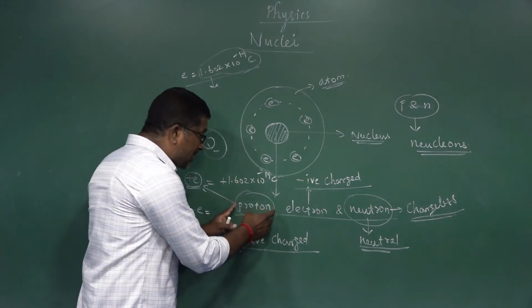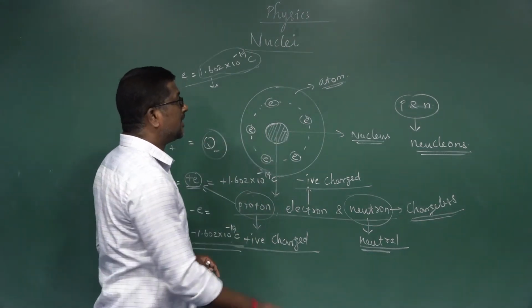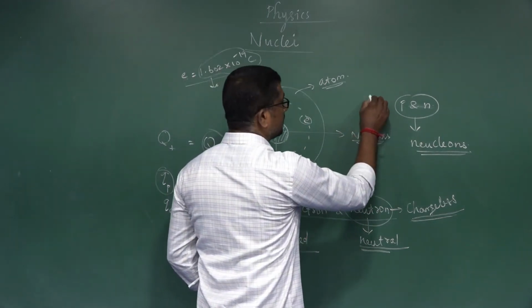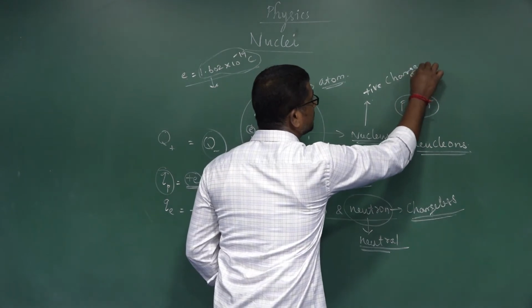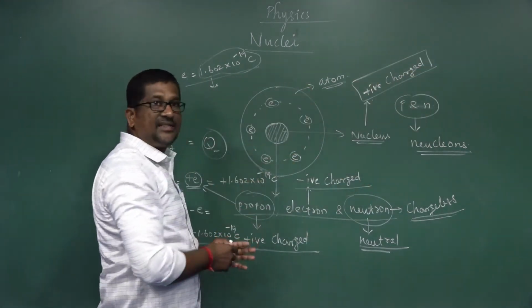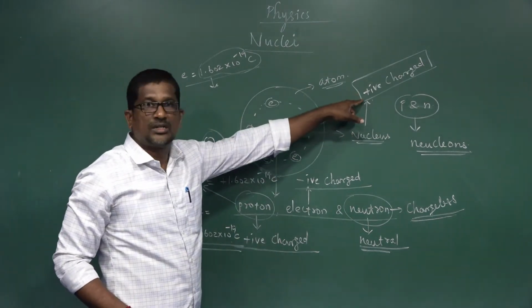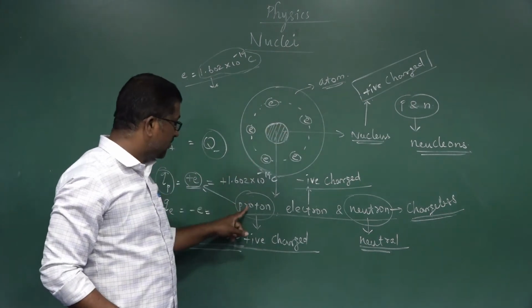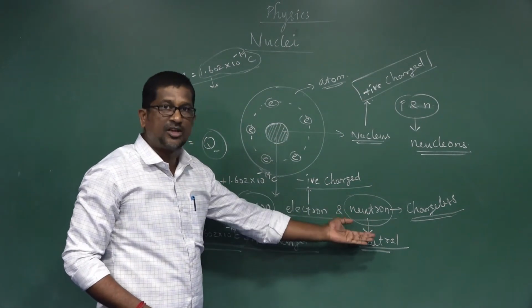And due to the presence of positively charged protons in the nucleus, the nucleus is positively charged, right? The entire atom is electrically neutral, but the nucleus alone is positively charged. Why? Due to the presence of a positively charged proton, right? The neutron is a neutral particle, it is chargeless.